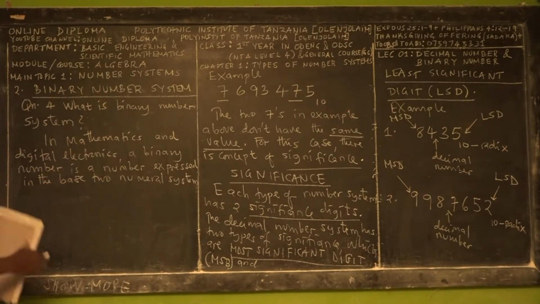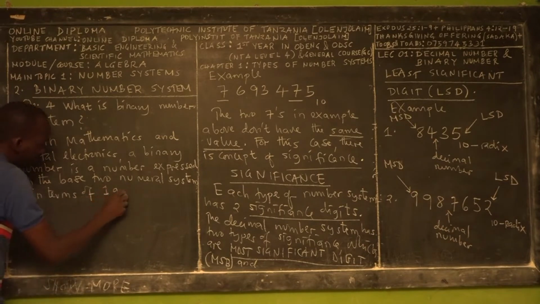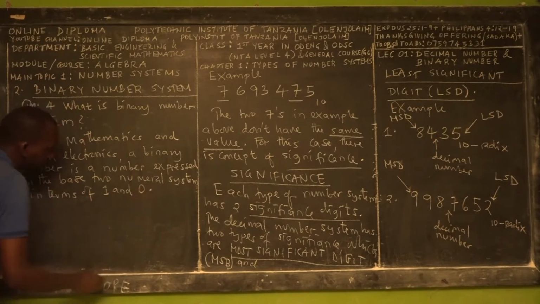So simply we say that in mathematics and digital electronics, a binary number is a number expressed in the base 2 numeral system, which means a numeral system in terms of 1 and 0.